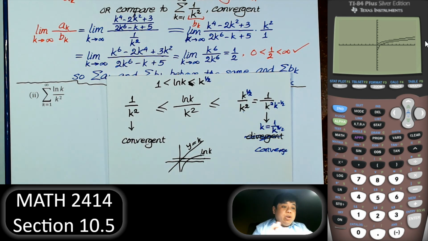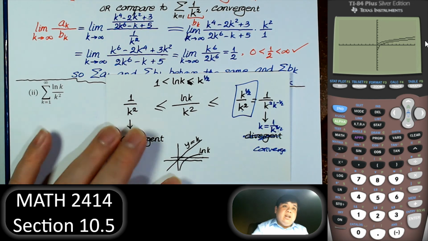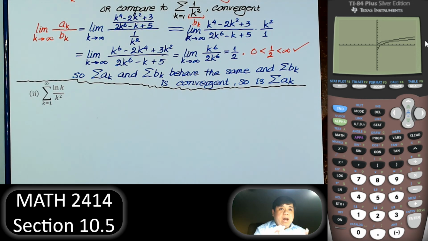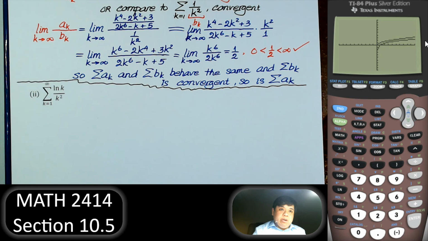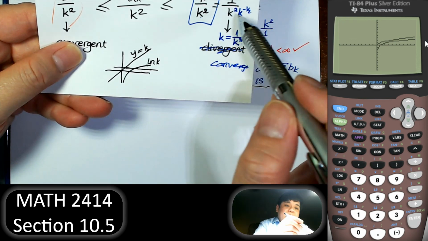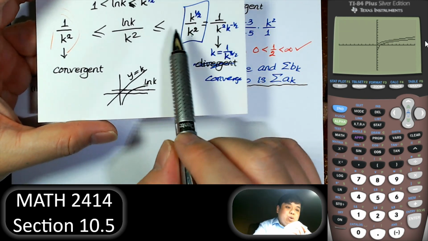So if we use the direct comparison test, we will compare to this series of that term because that is convergent. Or if we use the limit comparison test, we still compare to the same series. So like that, we could compare to this. But it is difficult to choose.